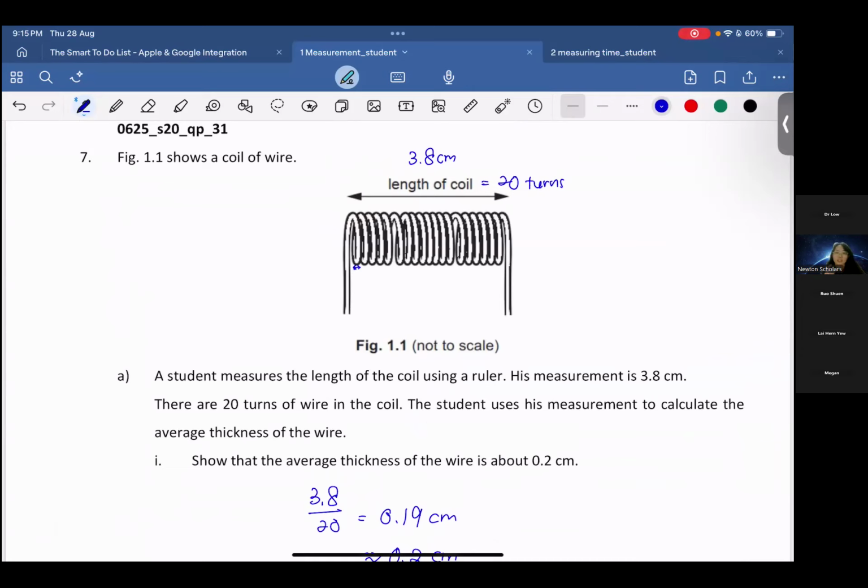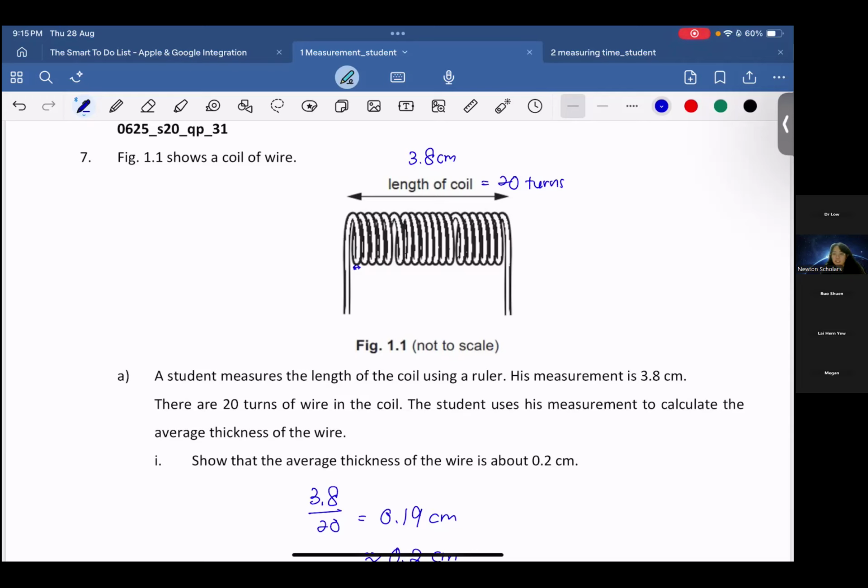It should not be 3.8. What is the problem? Let me check.